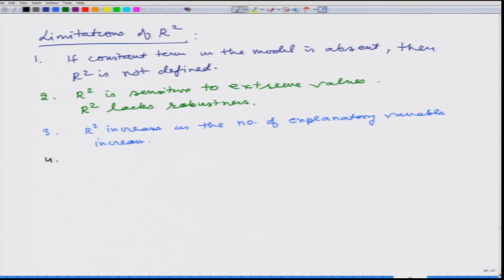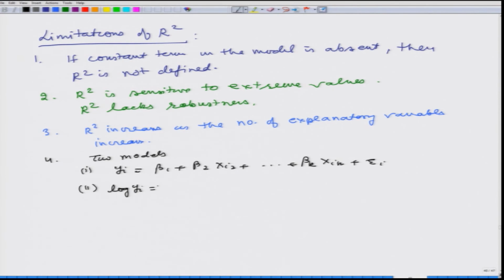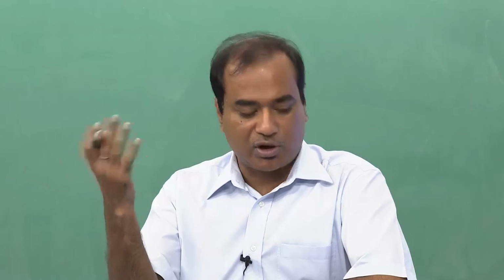Now let me come to a different type of situation where we are interested in comparing two different models. Suppose two models are fitted. Model number 1 is yi equals beta 1 plus beta 2 xi2 plus ... plus beta k xik plus epsilon i. The second model is fitted using the same data, but by taking the log transformation of all the values of the response variable, and then the model is fitted.